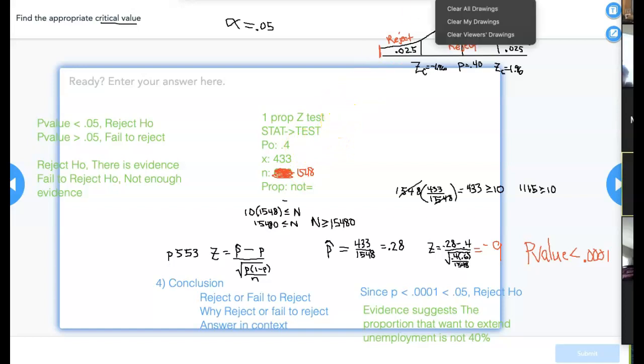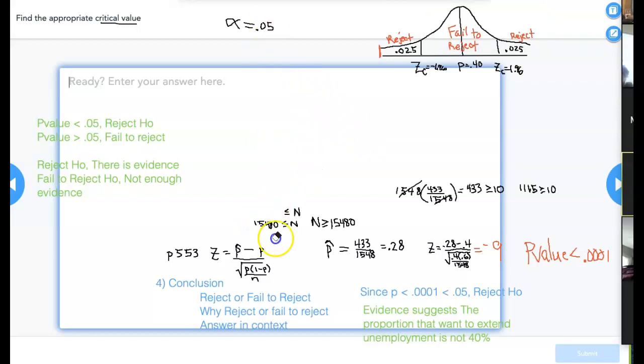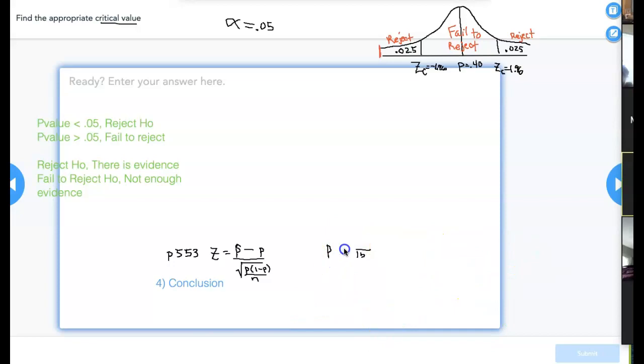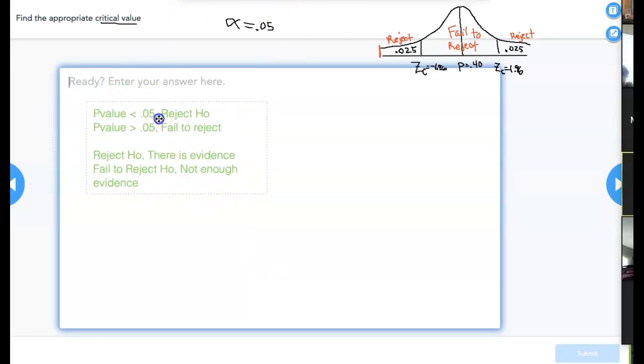All right, I'm going to clear all this. Let me use my eraser because I want to keep some things on here. All right. So we got our notes there, and this is for your conclusion.